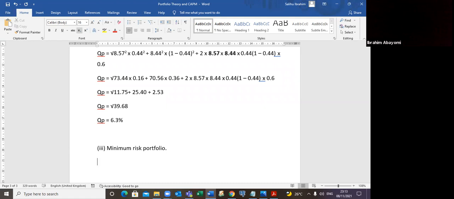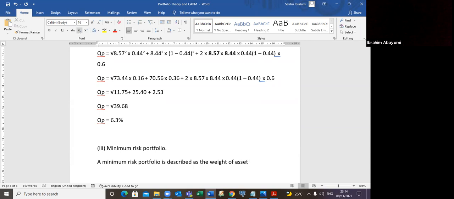Now, to get a minimum risk portfolio, let me put the note. A minimum risk portfolio is described as the weight, and when I say weight, I'm talking about proportion of investment. So it is the weight of investment A, but I will call it asset A. Asset is stated as investment.